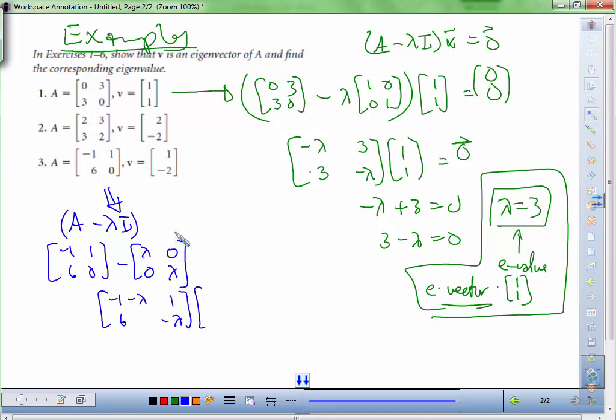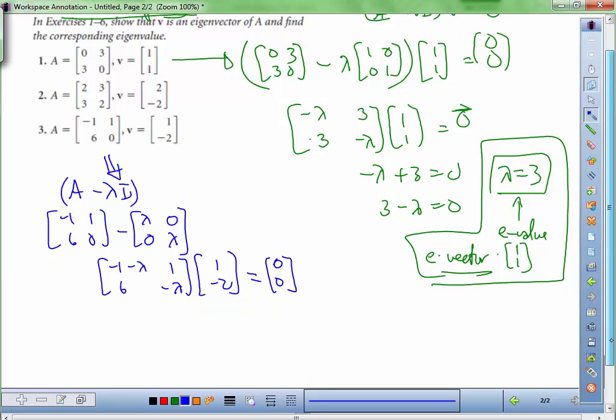And for this problem, they're giving us an eigenvector, 1, negative 2. So we should come up with a couple of equations that should be the same, because if you have an eigenvector, there should only be one eigenvalue.